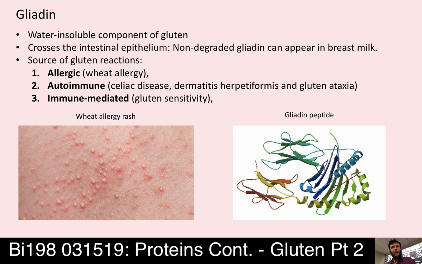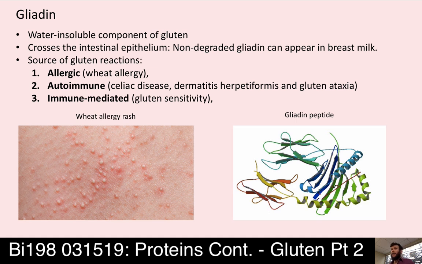It's an interesting protein because not only is it sort of hard to break down for the body, but it has the ability to cross the intestinal epithelium. It can be taken up as is by the cells in the intestinal lumen and not be broken down readily.